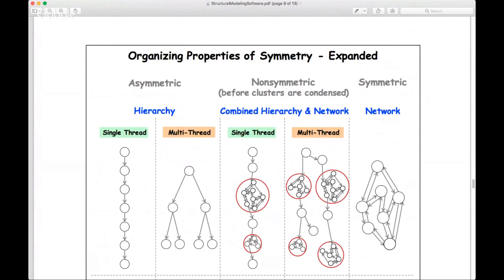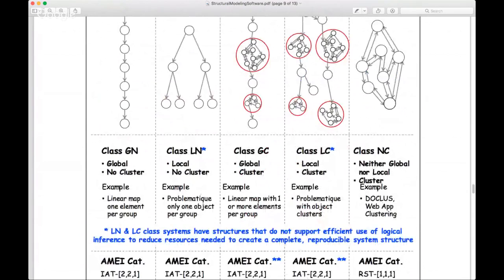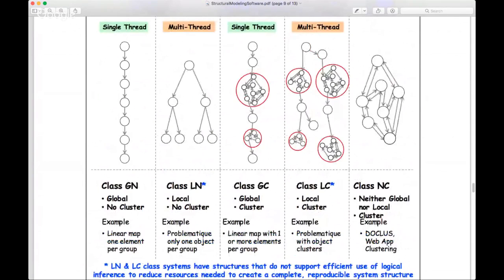Okay, so we got the hierarchy, combined hierarchy, and network piece. We talked about that. So, Joe, are you saying that one of these types requires an algorithm that's non-reproducible, non-deterministic? No, I'm not saying that at all.